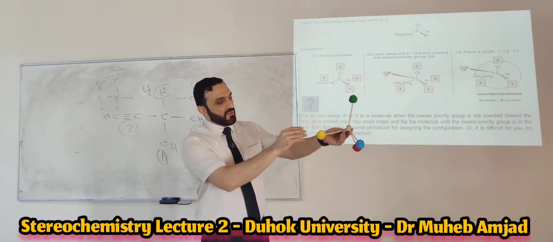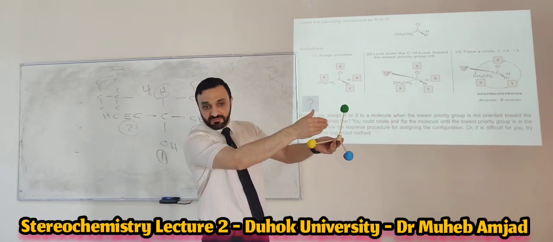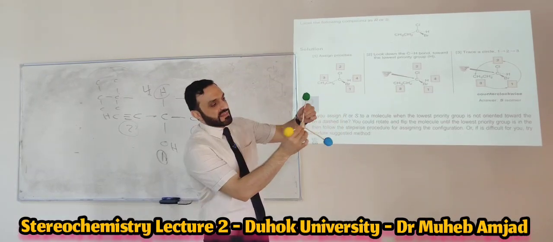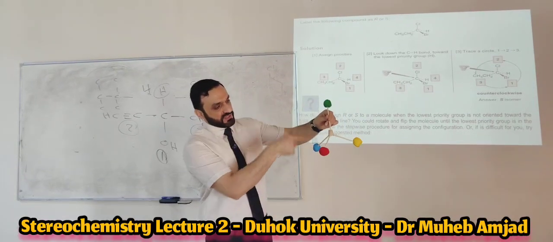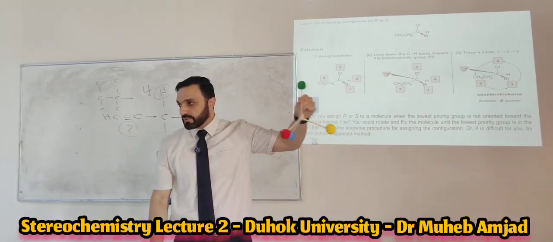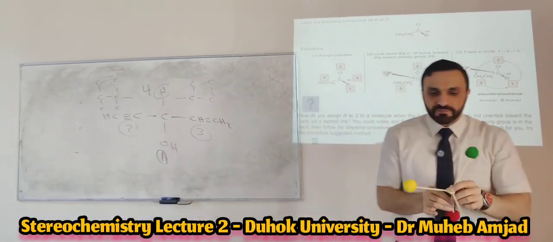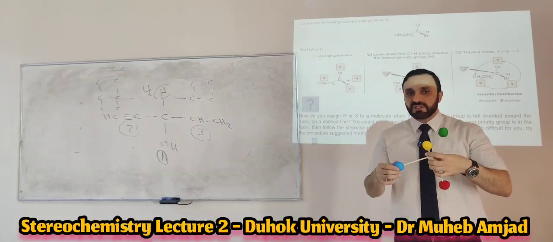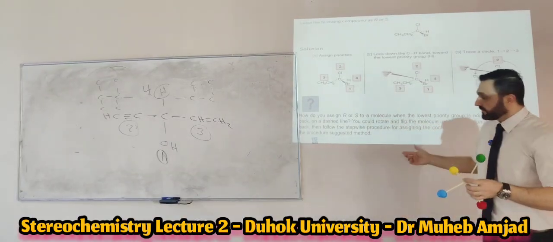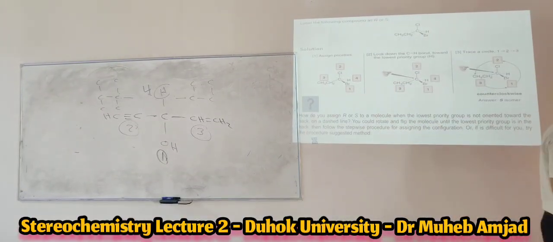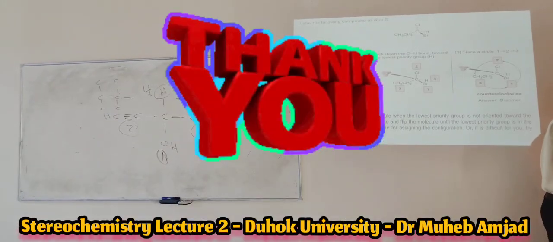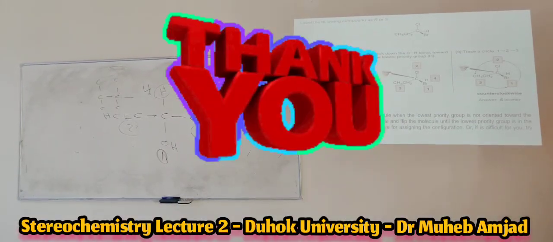This is the hydrogen. Now I have to put the hydrogen in the back side. So I have to rotate like that and look at the priorities. It will be S or R. Okay, this is for the next lecture, inshallah. And if you have a question, please, it is time for questions. Do you have a question? No question?